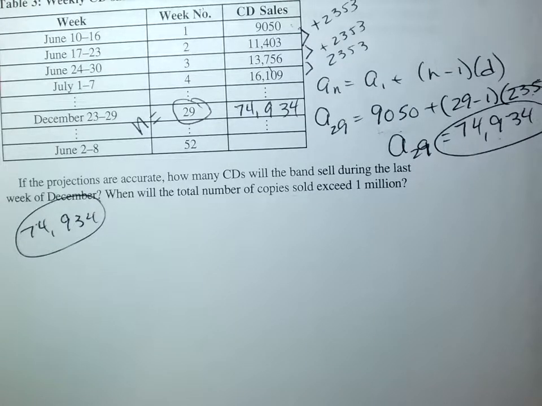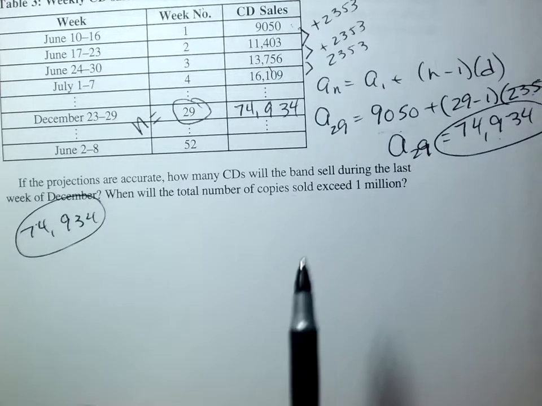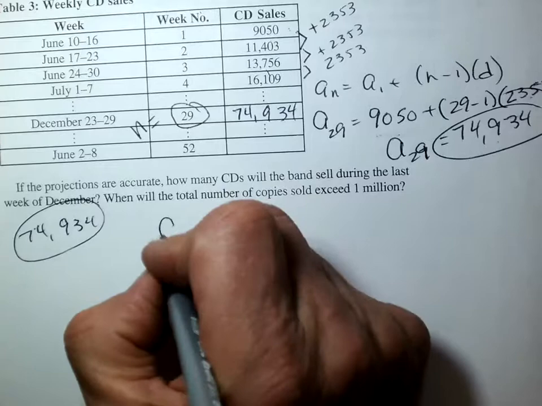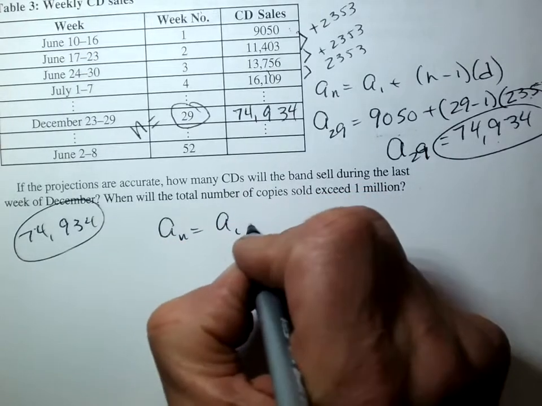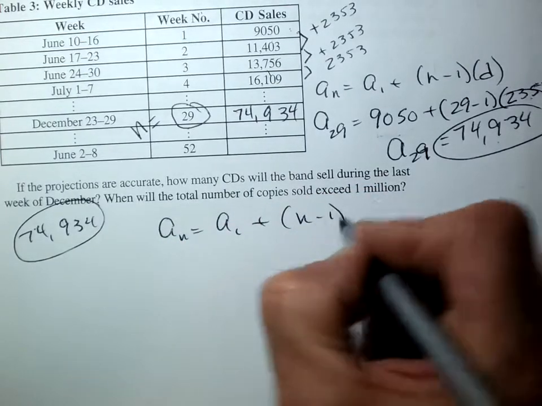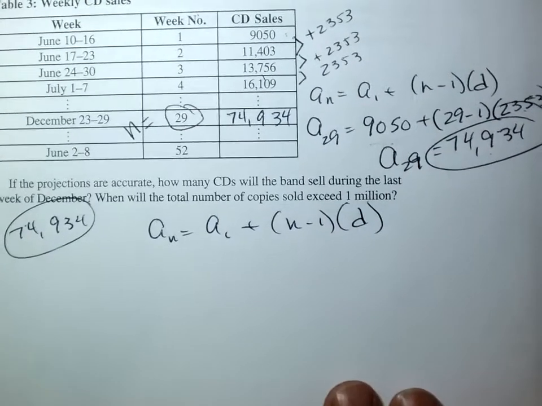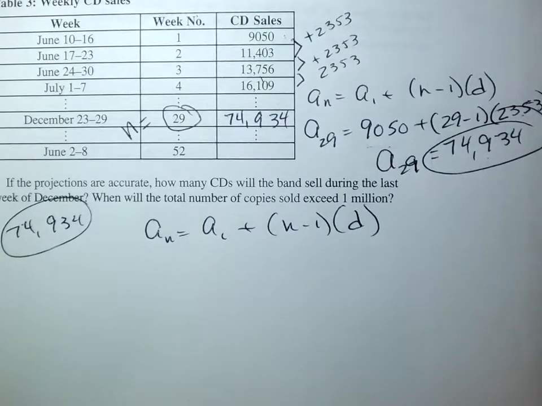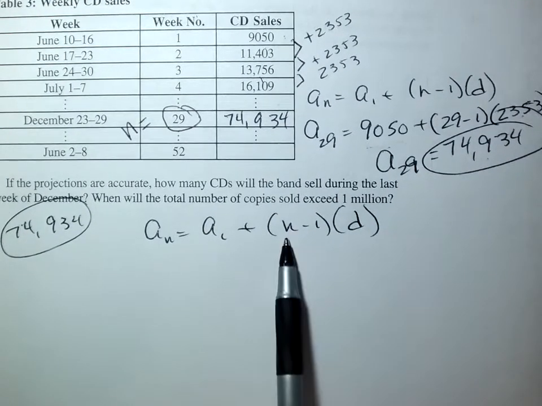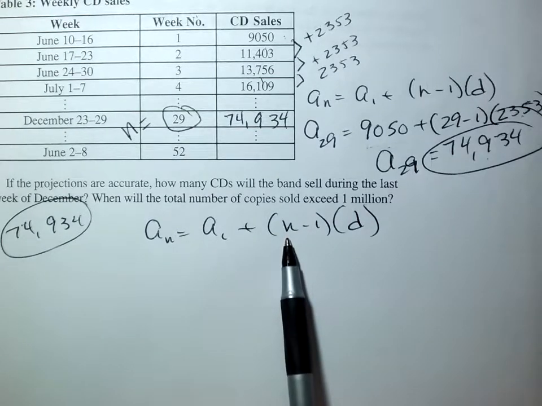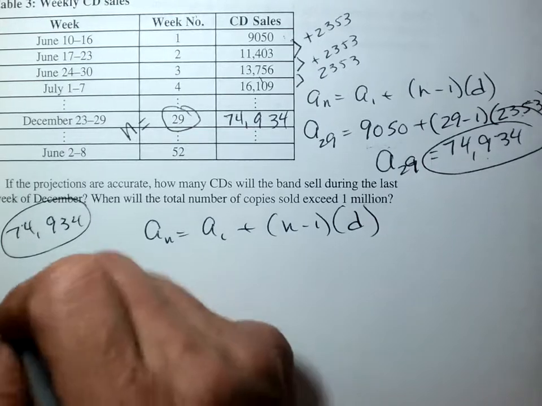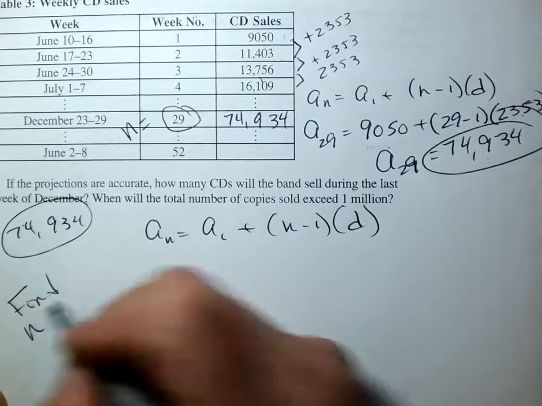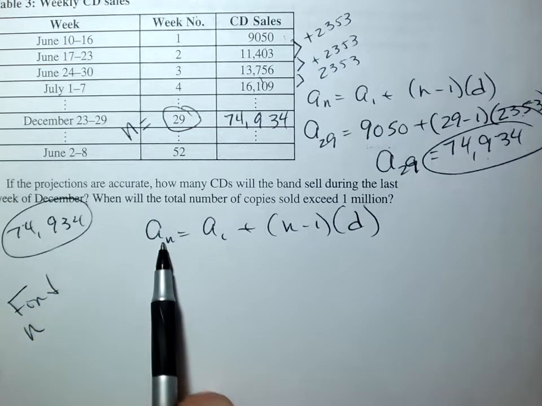The next one is, when will the total number of copies sold exceed 1 million? Now we're going to work this backwards, right? So we take our equation, A of n equals A1 plus n minus 1 times d. What I want to find in this case is n, which represents what week. So I want to solve for n if I make 1 million.